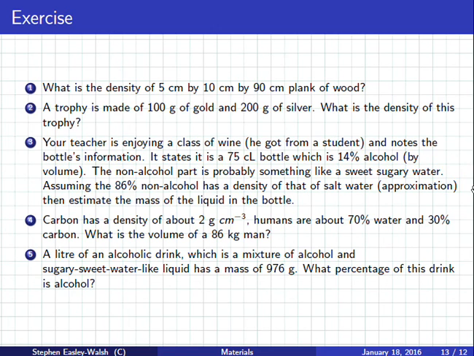Now the density of salt water is 1,030. Mass over volume equals 1,030. So the mass equals 1,030 times the volume. So that means here you get mass is equal to 1.03 kilograms. So that is the mass for the litre of salt water.